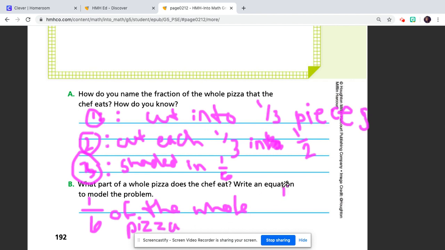So if we had to do this in an equation, we had the 1/3 that the chef had left over at the end of the day times the half that he ate of that 1/3. Remember, of means times. And I would multiply across. 1 times 1 is 1. 3 times 2 is 6. 1/6.